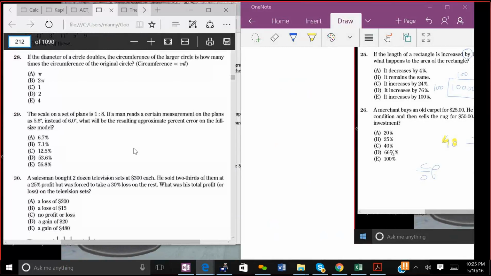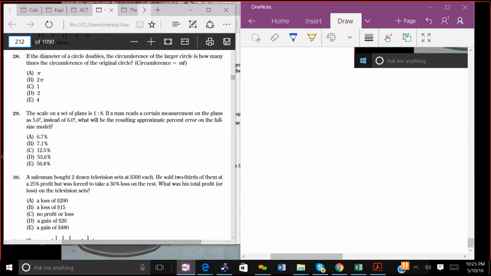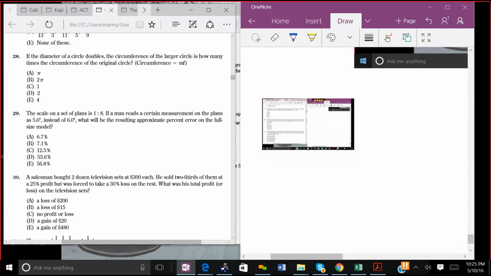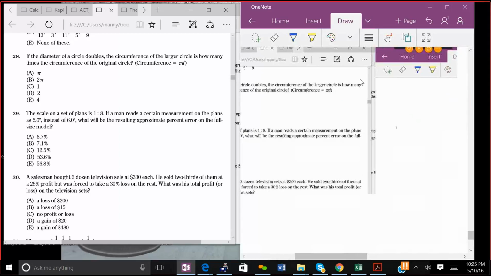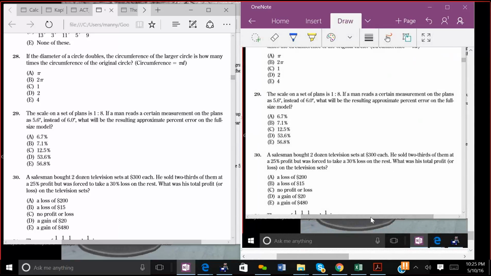This one, 28. Circles. If the diameter of a circle doubles, the circumference of the larger circle is how many times the circumference of the original circle? Alright, so what was the acronym again?